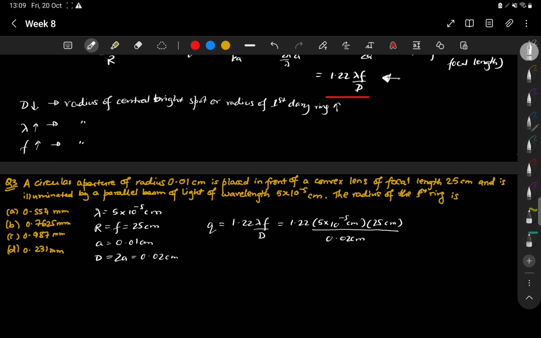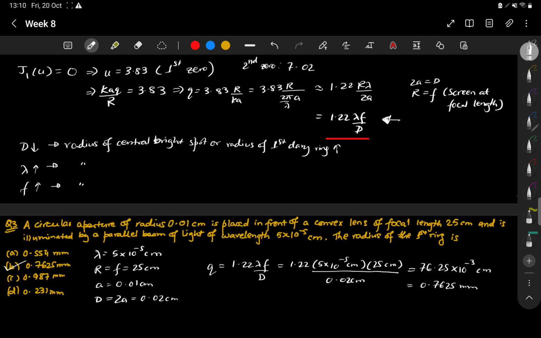So 1.22 into... so this is equal to 76.25 into 10 to the power minus 3 centimeters, which is 0.7625 millimeters. So the correct option is option B.